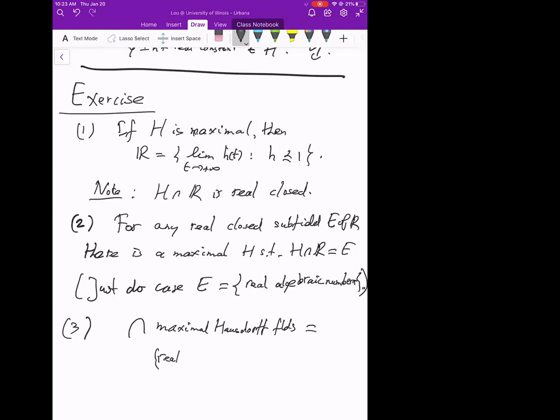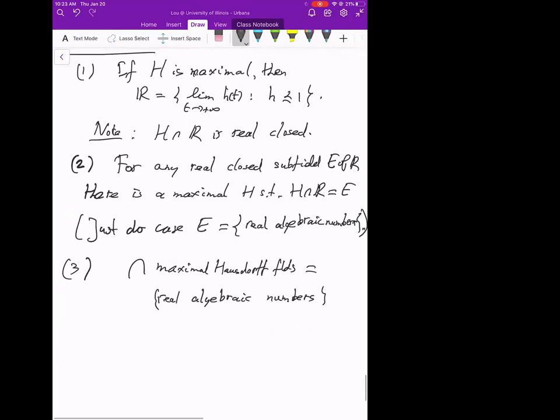If you do 2, that will be pretty clear, I think. This is a very different behavior from Hardy fields. Hausdorff fields have features that you might consider somewhat pathological.